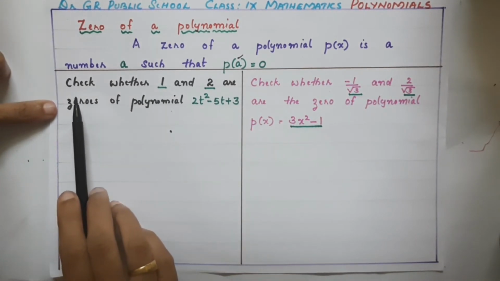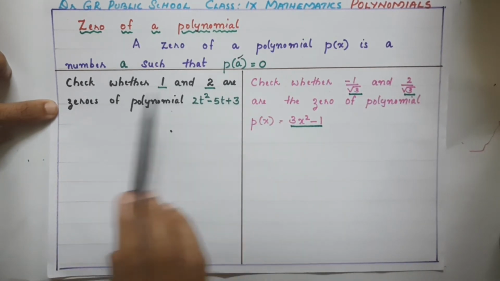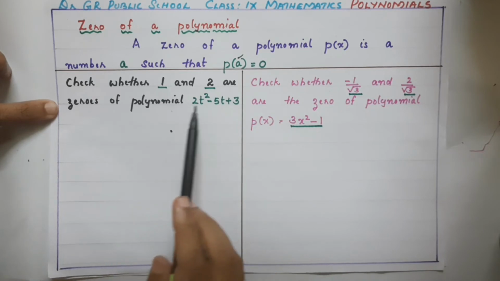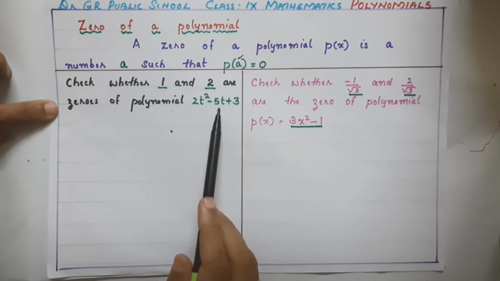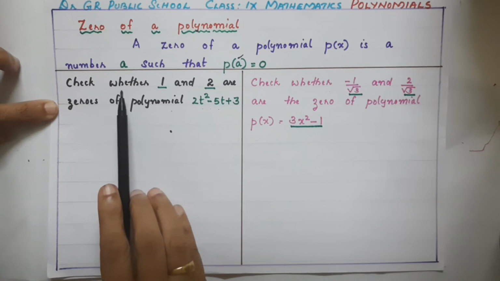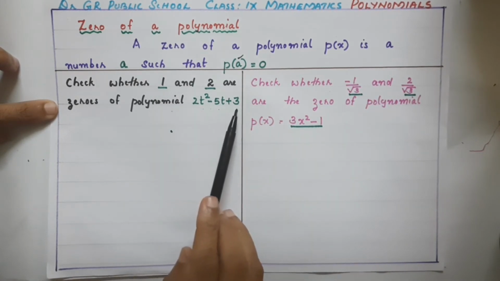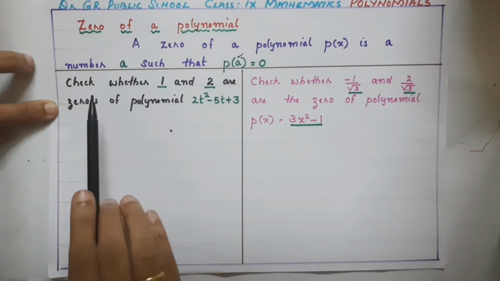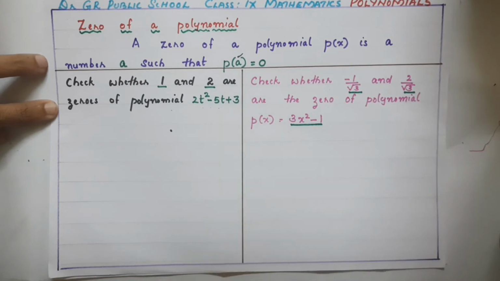Now come to this question. Check whether 1 and 2 are zeros of the polynomial 2t square minus 5t plus 3. What is the question? We have to verify whether 1 is a zero of this polynomial, and whether 2 is a zero of this polynomial.